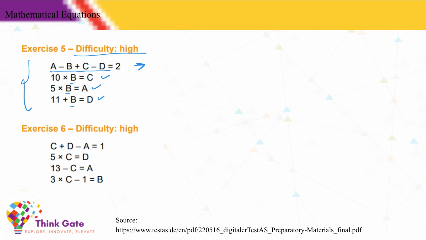So instead of a, we can write 5b, and minus, instead of b we write again b, plus c. Instead of c we can write 10b, and instead of d, here we need to stay focused. The sign here is minus, so we are going to substitute 11 plus b instead of d.